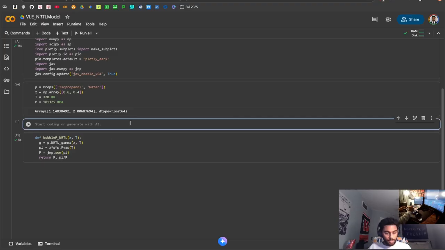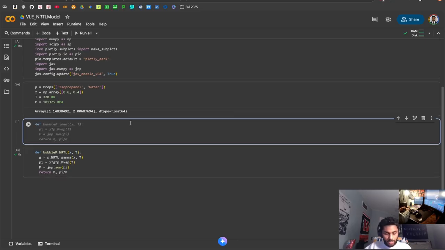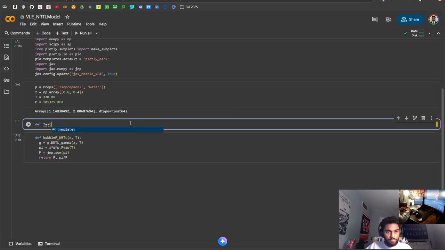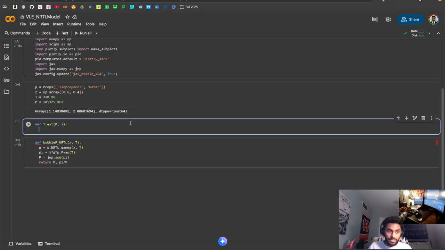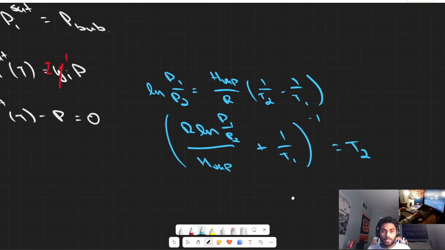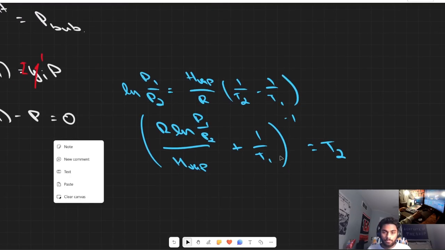So I'm going to start by defining a new function. I'm going to call this my T estimate. And I'm going to give it inputs of pressure as well as compositions, and you'll see why in just a moment. So what I'm going to return is, well, let's just start here.